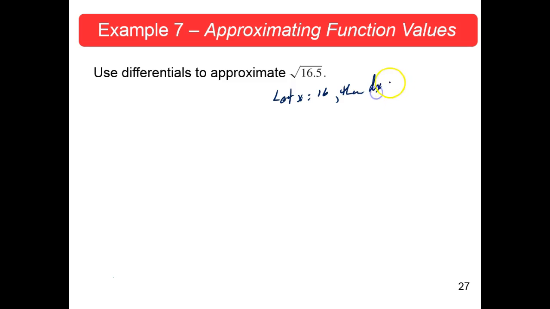So that will make your dx, let's call it dx, or delta x. I mean, they're the same. I get confused in their notation. What's your dx or delta x? 0.5, okay? So, we want to approximate this.